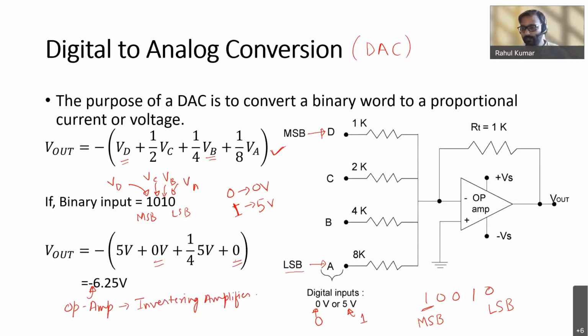So it inverts the output. At the output, we can ignore this negative sign. It happens because of your op-amp. So basically your analog output will be 6.25. Okay.